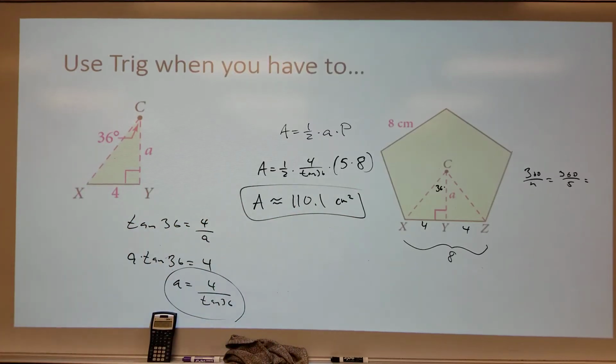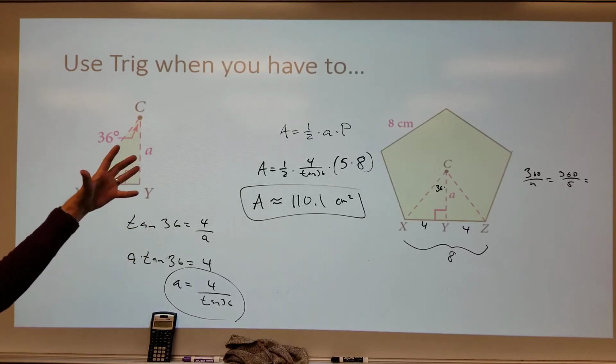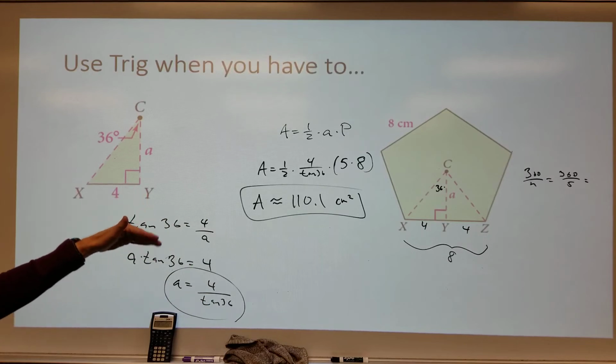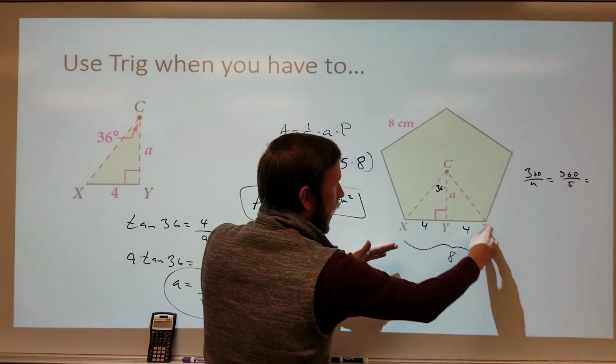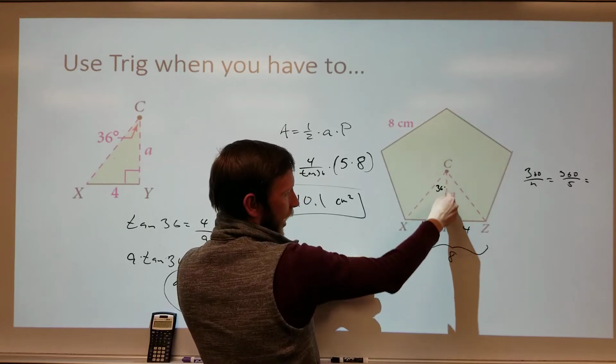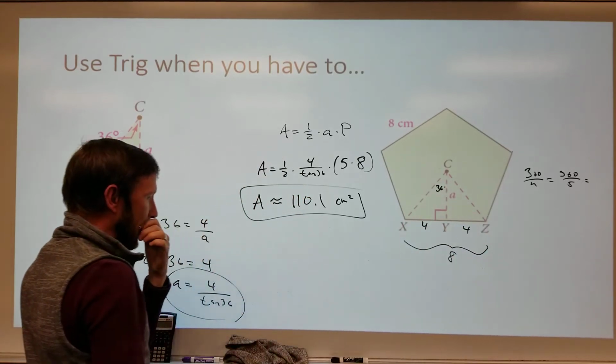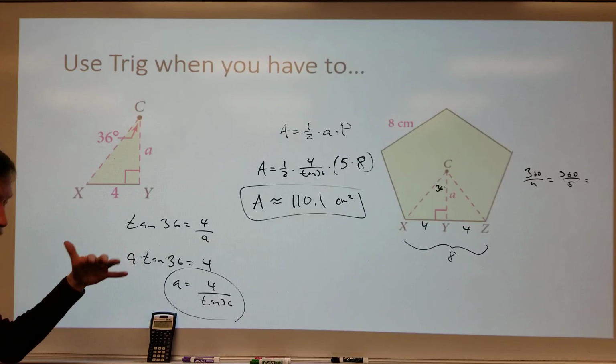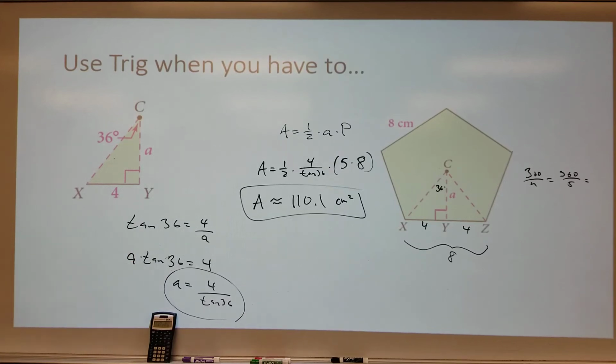We're using trig to do some of that heavy lifting, and we don't have to worry about special right triangles or any of that other garbage. We understand that the apothem bisects the central angles, the apothem also bisects the opposite side, cutting it from 8 to 4 and 4, and we get to work from there.